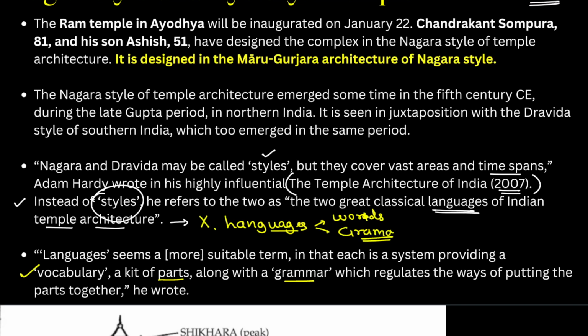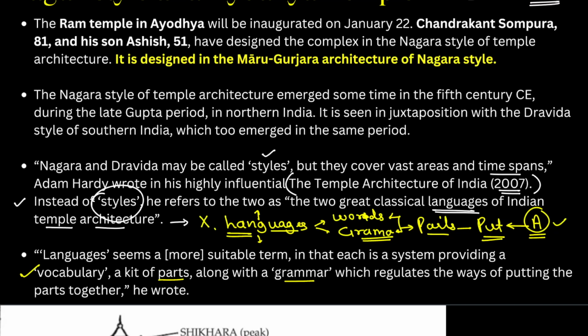So these two things dictate how some parts in architecture will be made and how they will be put together upon or next to each other. So this is how the difference in the language between the Dravidian and the Nagar style has dictated the difference in the final architecture styles.